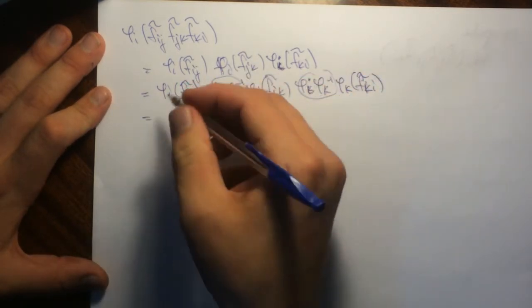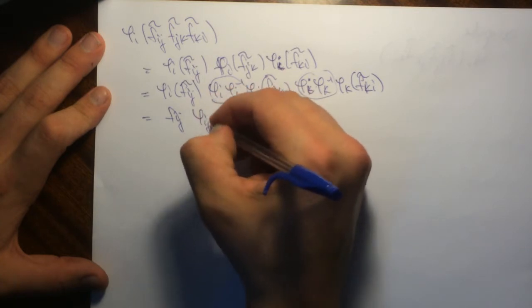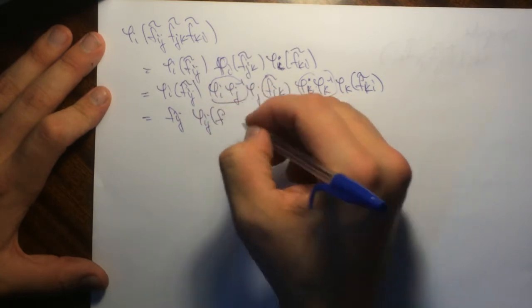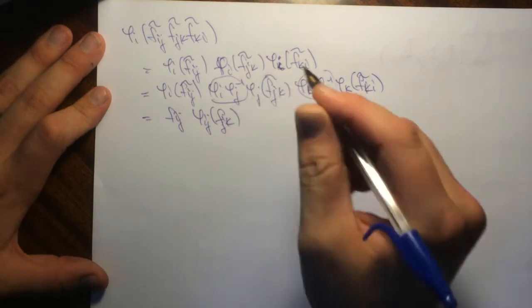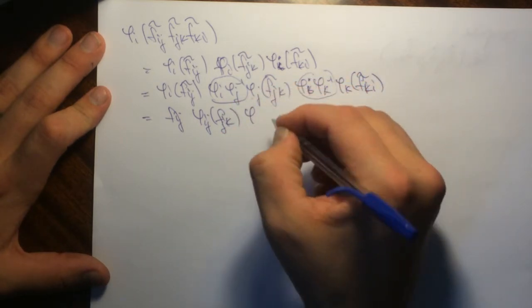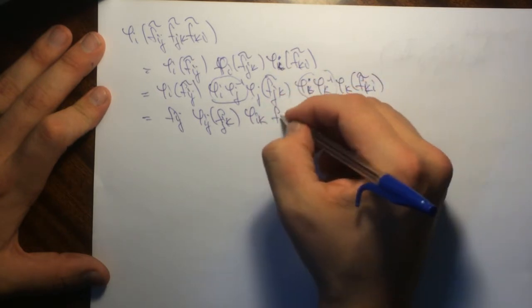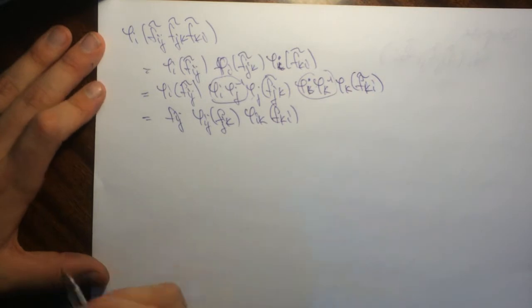And then the rest of them, this is going to be Fij, and this is Fjk. And this thing here is phi ik, and then we have fki here, like so.